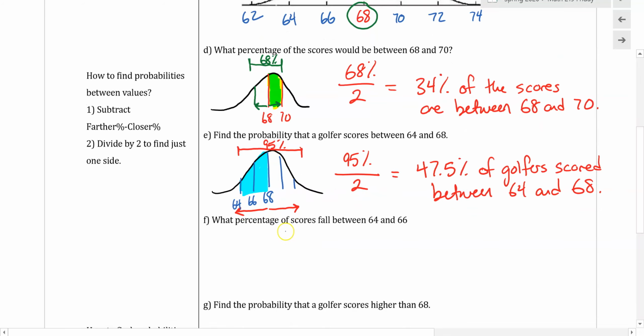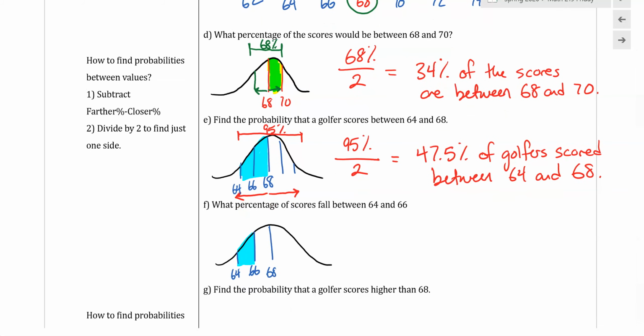Find the percentage of scores that fall between 64 and 66. Okay, so there's 68, there's the middle. 66 is a standard deviation left, and 64 is a standard deviation left of that. Now, what they're asking me to find is just this part right here. Again, I could do this two ways.